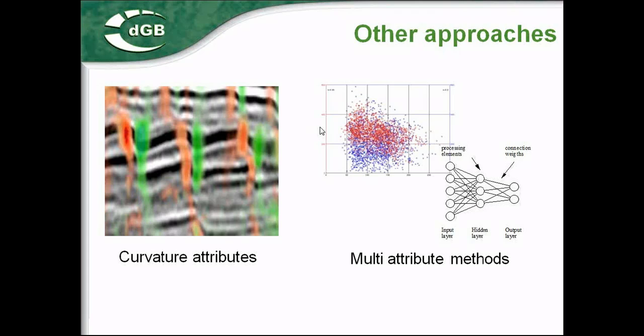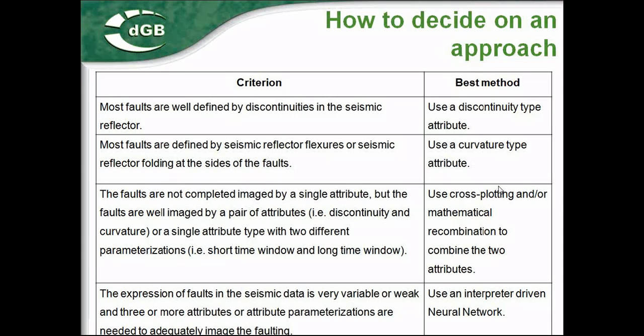And again, then you have to take that step that you realign the two attributes so that the anomalies occur at the same place. Or if you have even more difficult situations, you can revert back to neural networks, where you can have 5 or 10 attributes as an input. You interpret first a number of faults manually, then the neural network learns from your interpretation and makes an automated interpretation based on 5 or 10 attributes.